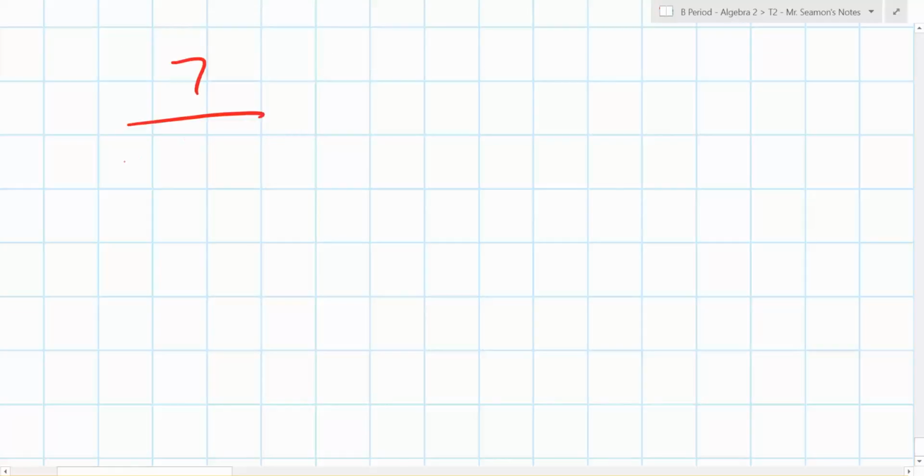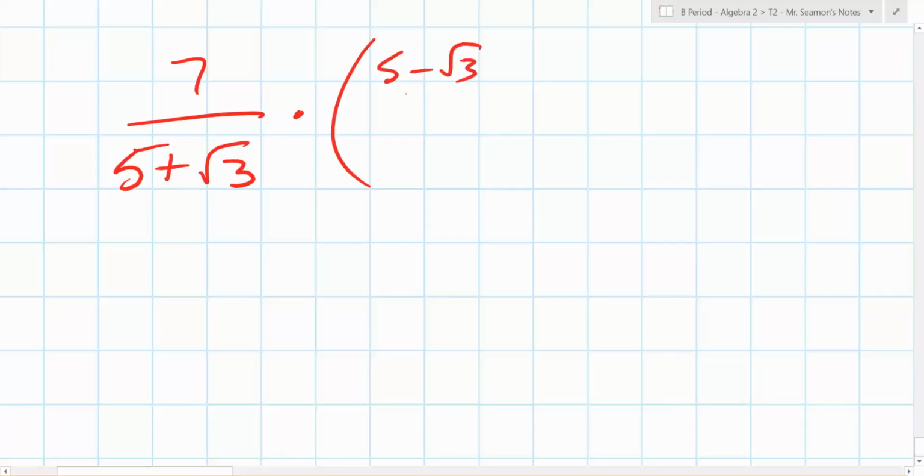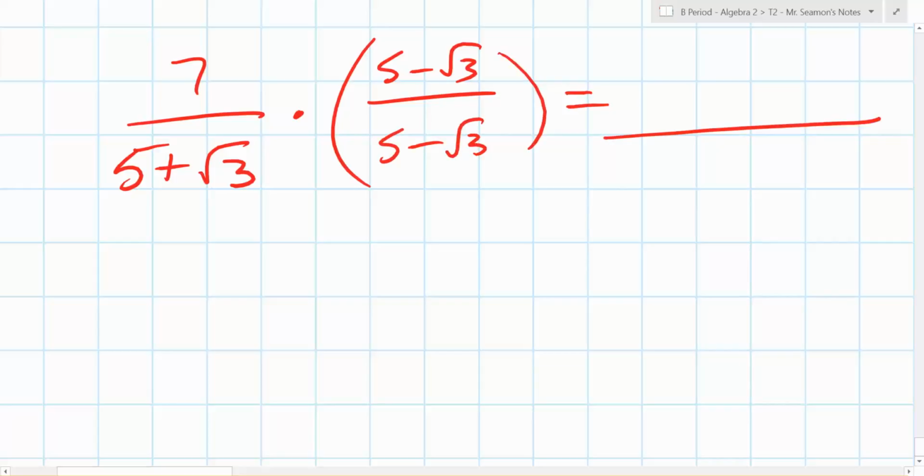Let's say I gave you 7 over 5 plus the square root of 3. What do you multiply by? 5 minus the square root of 3 over 5 minus the square root of 3. Exactly. Then you would do the work. What happens if I gave you 9 over negative 5 minus the square root of 2? What do you multiply by?